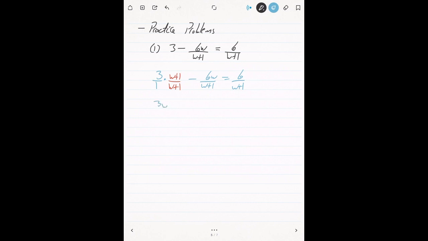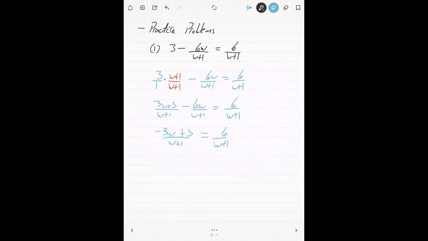We get 3w plus 3 over w plus 1 minus 6w over w plus 1 equaling 6 over w plus 1. We can now combine the fractions together. Since we're subtracting, we take 3w minus 6w, and that should just be negative 3w, I believe. And we still have the plus 3 over w plus 1, equaling 6 over w plus 1.